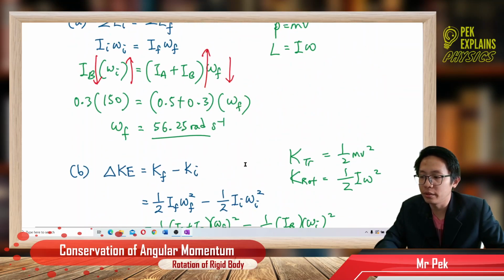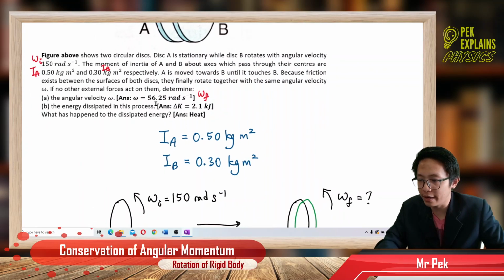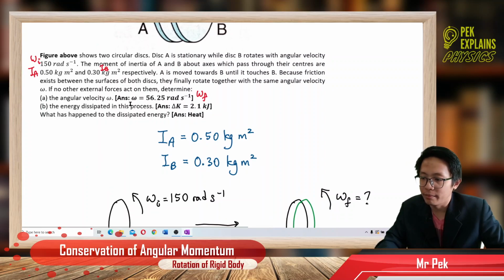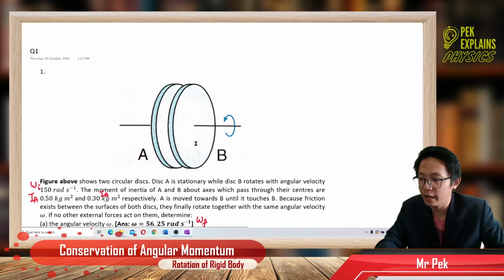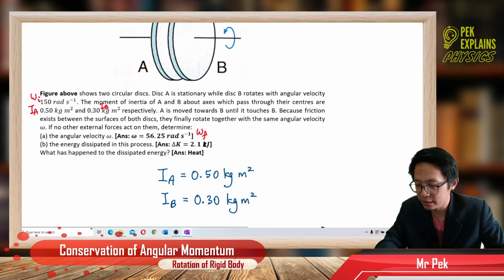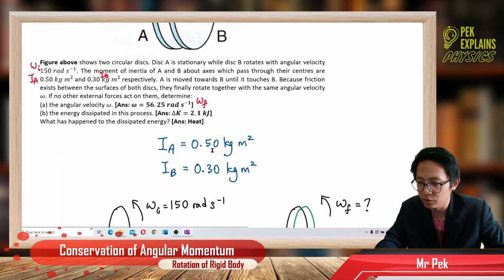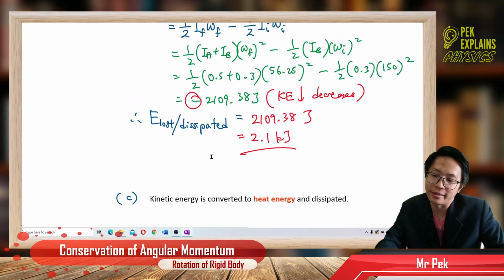Okay, so is it correct so far? My omega final is 56.25. Yes, 56.25. My kinetic energy loss is 2.1 kilojoule.